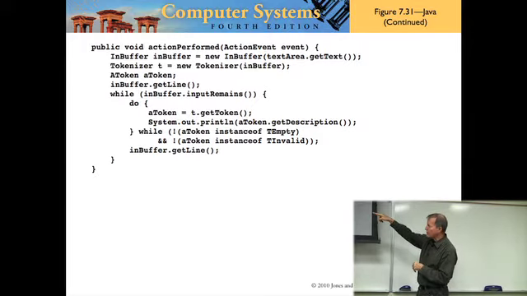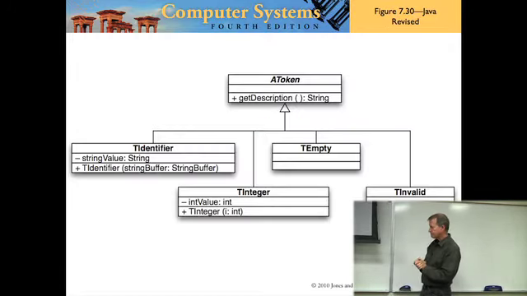Now before we take a look at the rest of this code in action performed, let's look ahead a little bit to figure 7.30. This is the Java version of figure 7.30. Obviously, what kind of diagram is this? It's a UML diagram, Unified Modeling Language. Why do you suppose we call the class at the top a token? That's an abstract token.